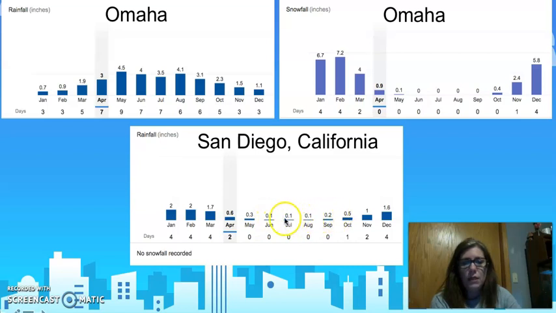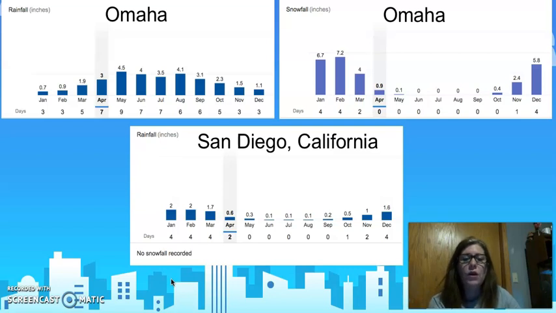So that means that it is much drier in San Diego, where in July they're getting less than an inch of rain. We could get 3.5 inches of rain. Then you'll see this down here on their graph that says no snowfall recorded, because we know that the climate in San Diego is too warm for there to be snowfall in San Diego.